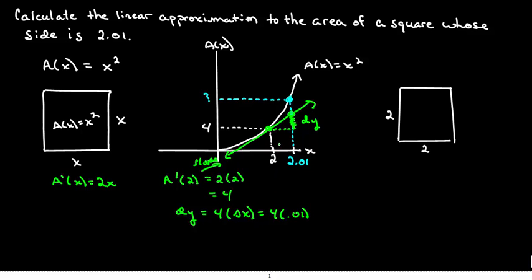That's this distance right here, which is 0.04. So this guy right here is a length of 0.04. It was already at a height of 4. So our green dot, our approximation, is equal to 4.04.